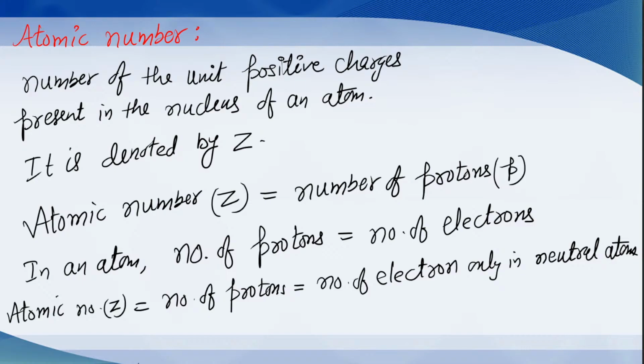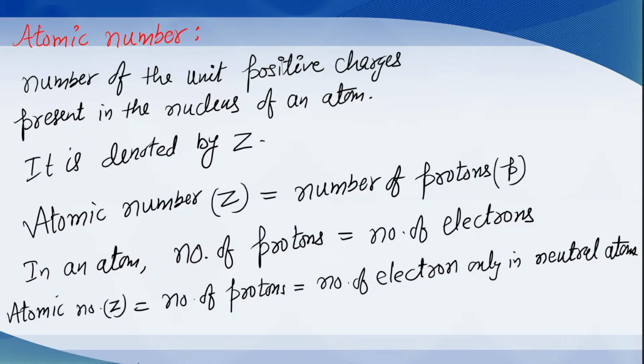Sorry. Atomic number. I have done all this. Number of unit of positive charge, that is number of protons, or it also equal to number of electrons in the neutral atom. Okay. And atomic number equal to number of protons or number of electrons in a neutral atom.